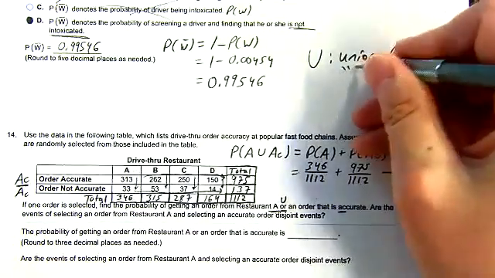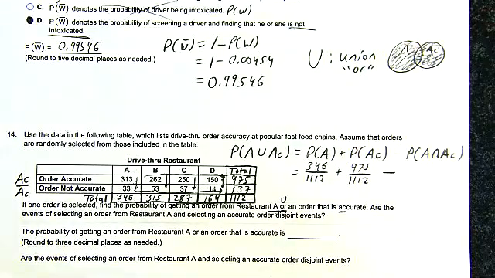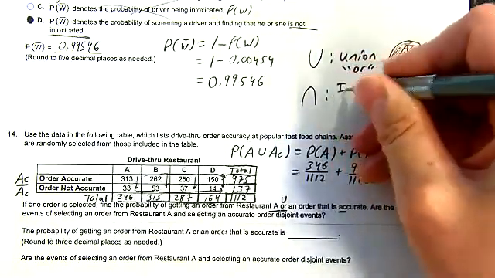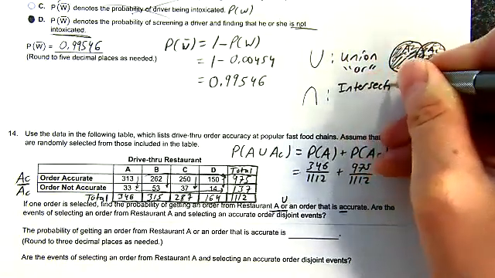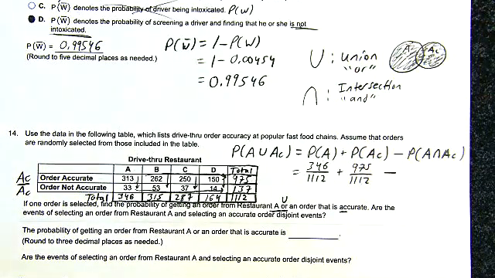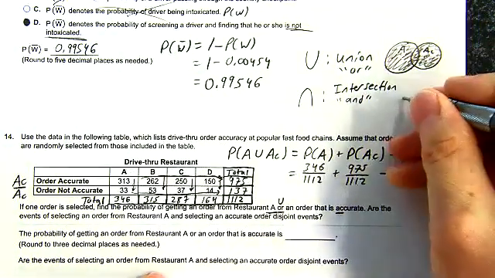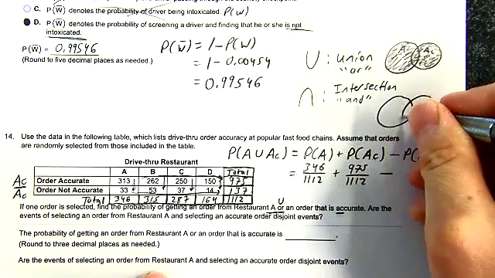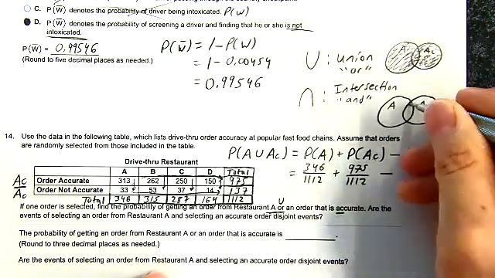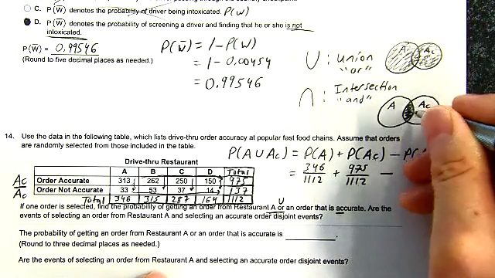And the word or is a giveaway for that. This symbol here is called intersection. And the word and is a giveaway for this. The intersection is merely the overlap of your two events. So the intersection is just this little sliver here.